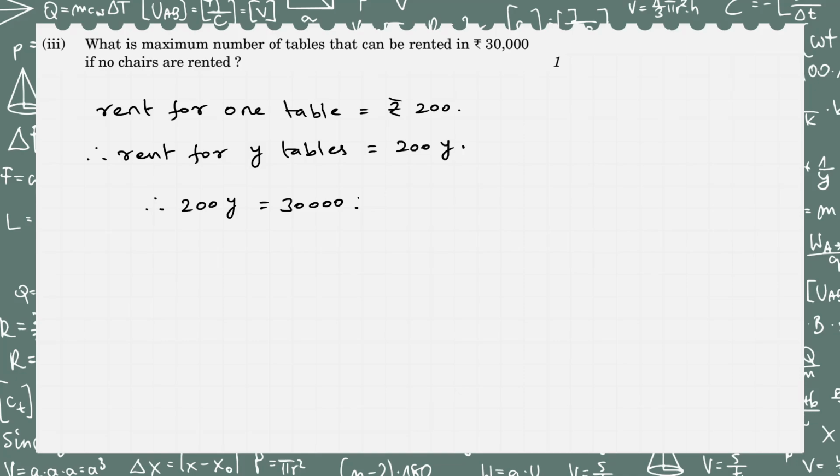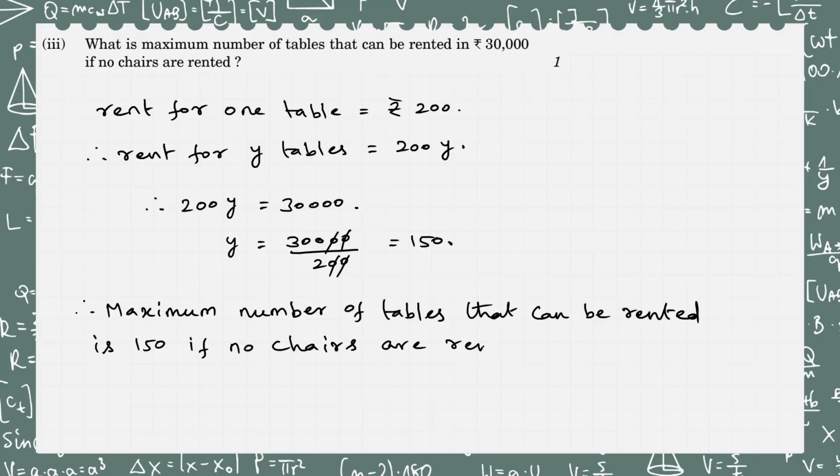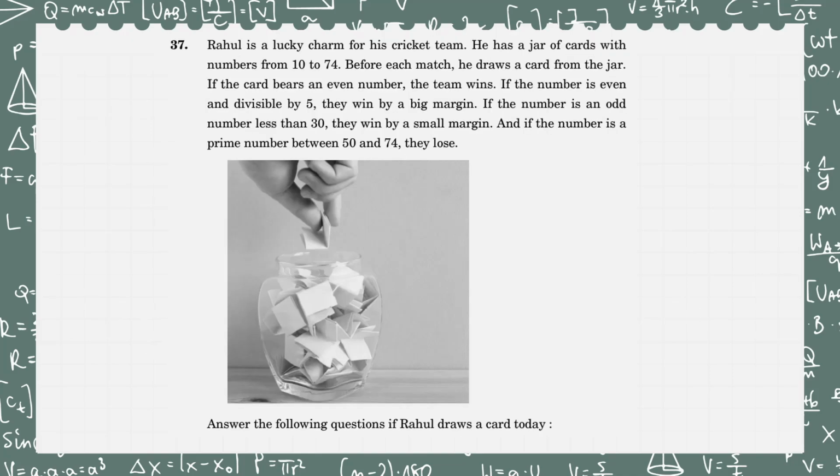So only tables are rented, right? So y equal to 30,000 divided by 200, and this will give us 150. If you are not renting any chairs, only tables are rented, it can be possible for 150 tables, right? So therefore, okay, so that's the end of this case study. Let's move on to the next one.